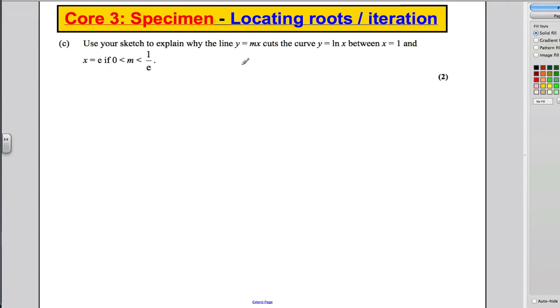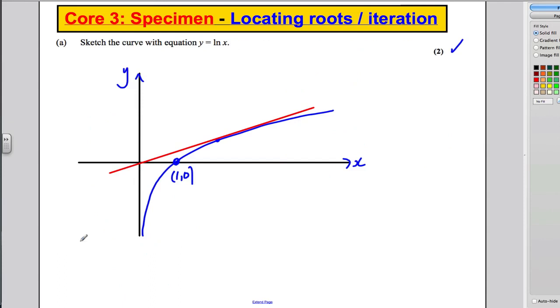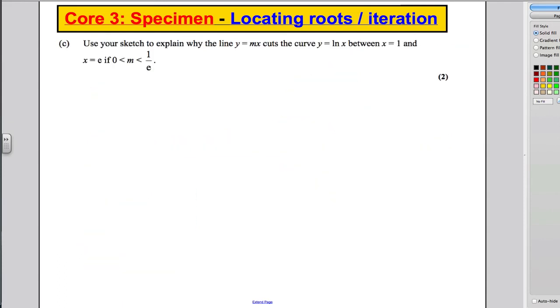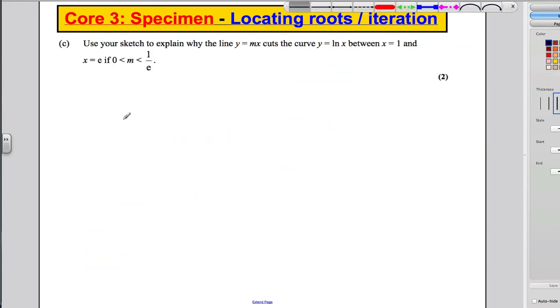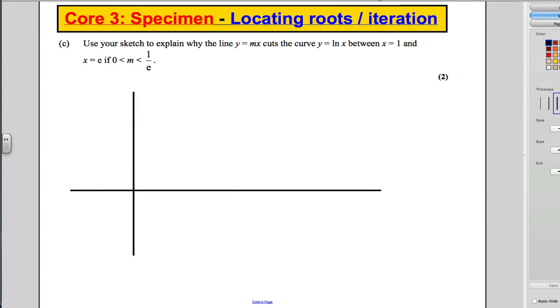Okay, use your sketch to explain why y equals mx cuts the curve y equals ln x between x is 1 and x is e if 0 is less than m is less than 1 over e. Well, I'll just redraw it out here, it's just as easy. Ln x looks something like this. That's the point there, 1, 0.